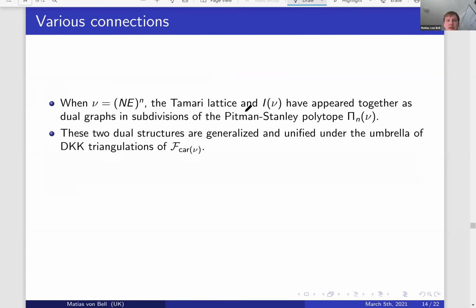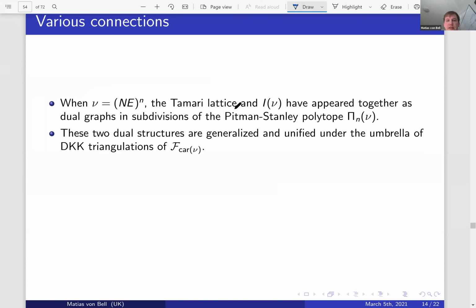And so our work serves to generalize these structures and also unify them under the same umbrella of DKK triangulations of a polytope. So when these two structures originally appeared as subdivisions of the Pitman-Stanley polytope, they were obtained using different methods.